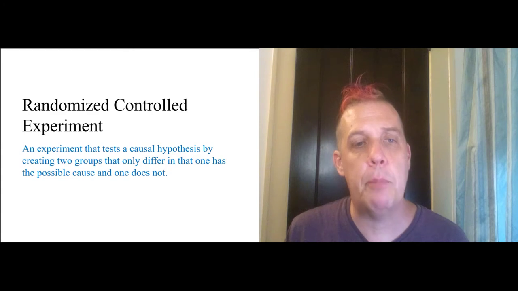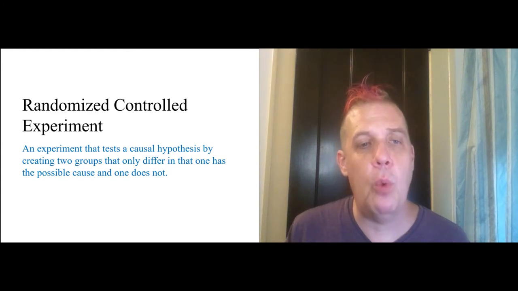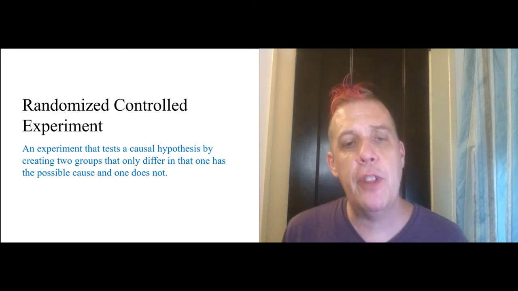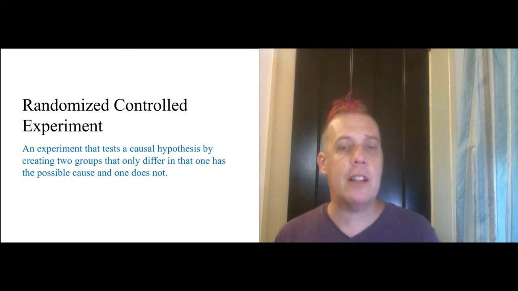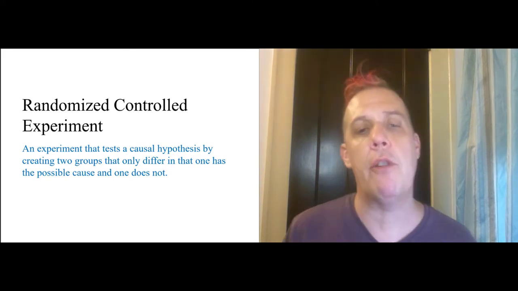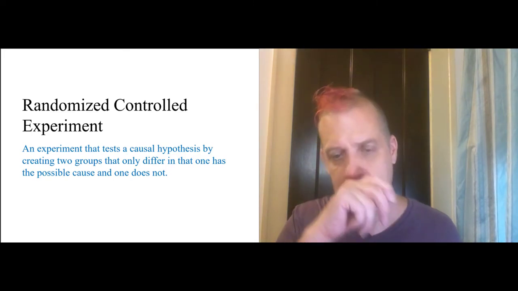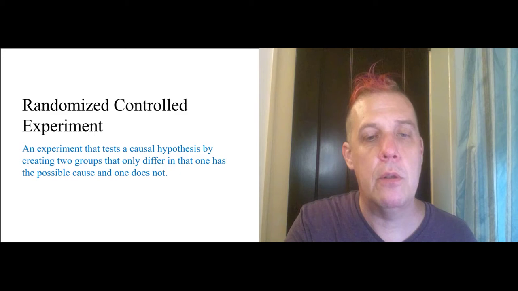And you do this by creating two groups that only differ in that one has the possible cause and the other does not. Everything else about every other difference between the two groups has been randomized. So theoretically, there are going to be the same number of other causes in each group, and so they will cancel each other out.